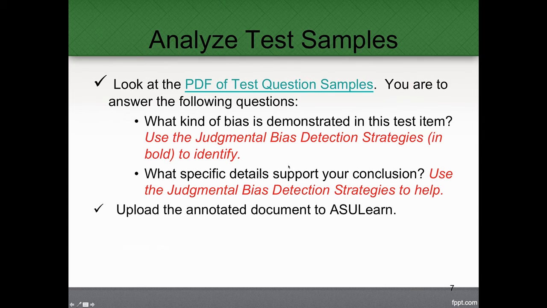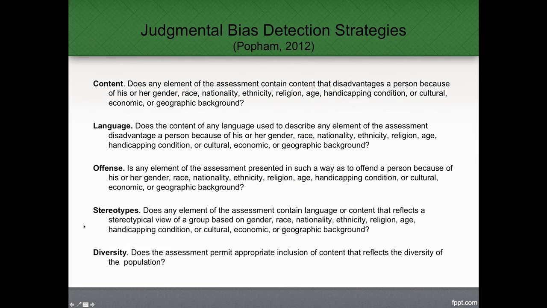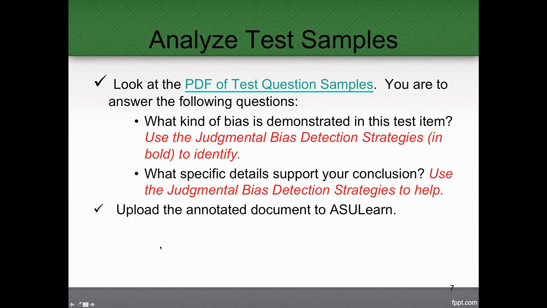The 2 questions that I ask you to look for is what kind of bias is demonstrated in the test item, and that would be content, language, is it offensive, are there stereotypes, and do they include diversity, or is there no diversity and inclusion at all? And then the second question I ask you is, so prove it to me.